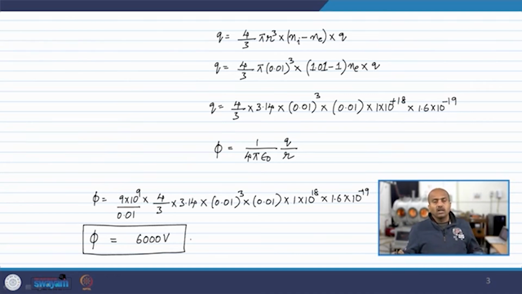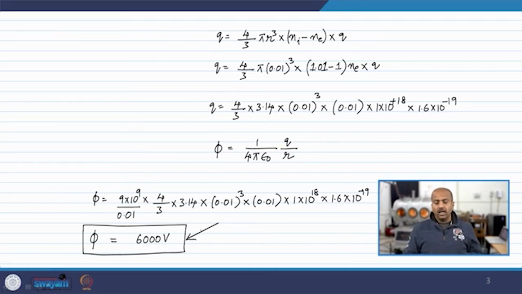The number of ions is larger only by 1%. That means electrons are displaced. How many electrons? Only 1 electron per 100 ions is displaced from this region, and they have been kept away only by a very small distance actually, right. And because of that, the amount of potential that develops is very high. You see, this 6000 volts is a very large value of potential, right.